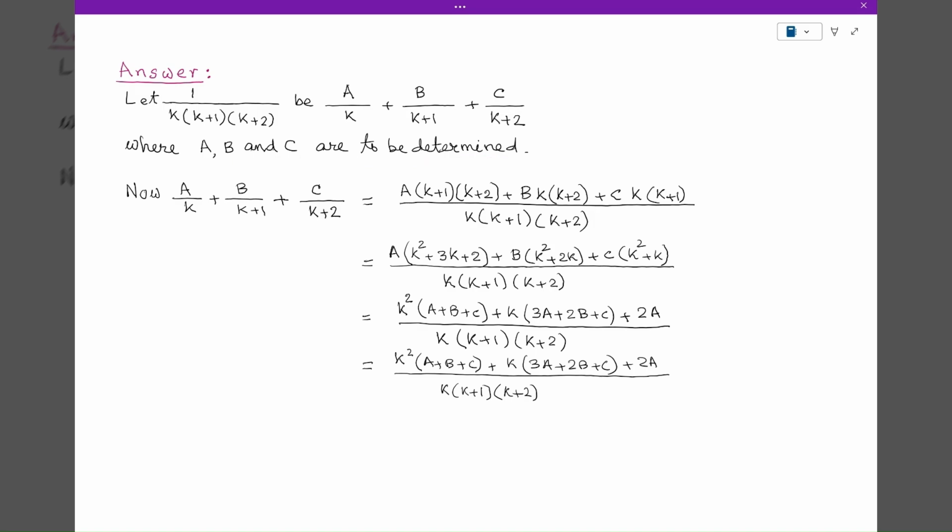Now the right hand side is a by k plus b by k plus 1 plus c by k plus 2. If you do the addition, the denominator becomes k, k plus 1, k plus 2, multiplication of the three terms, and the numerator becomes a multiplied by k plus 1 multiplied by k plus 2 plus b multiplied by k multiplied by k plus 2 plus c multiplied by k multiplied by k plus 1.